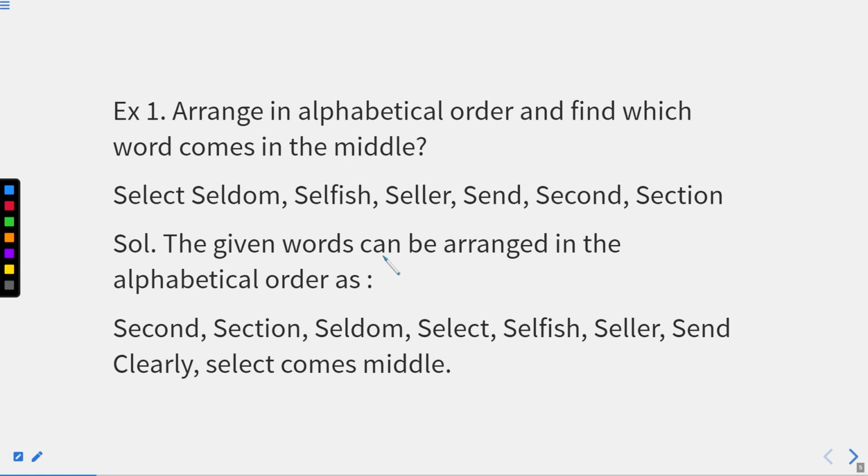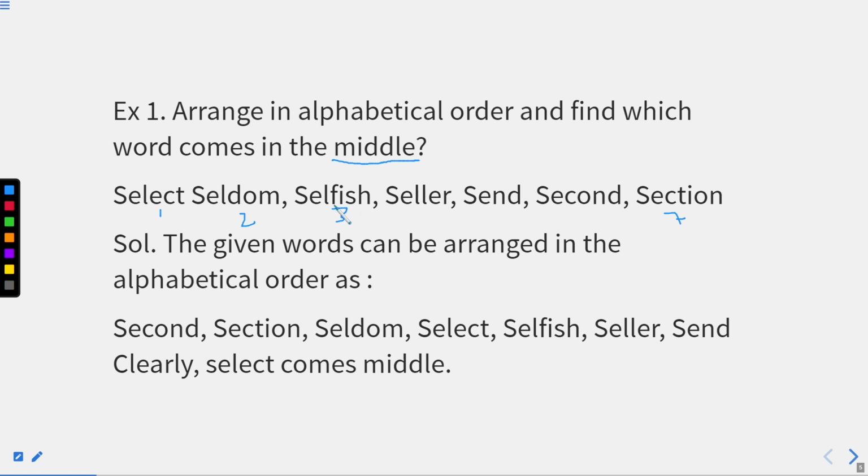So as soon as you read the question, you came across the word middle. Here you are given certain words numbered 1, 2, 3 and so on till word number 7. Now you have to figure out which word will appear in the middle, that is your fourth position, when you arrange them as per the dictionary.